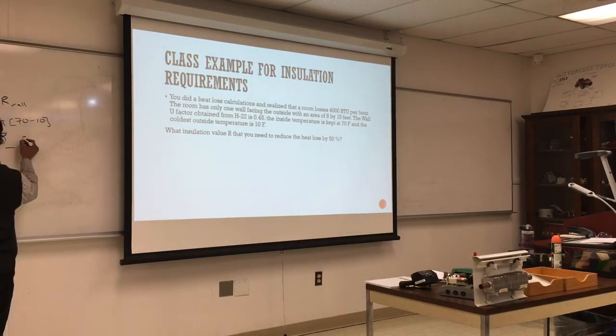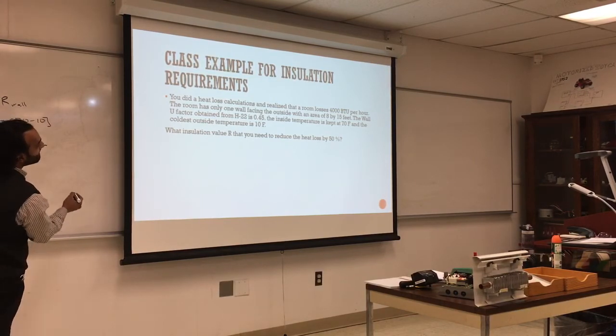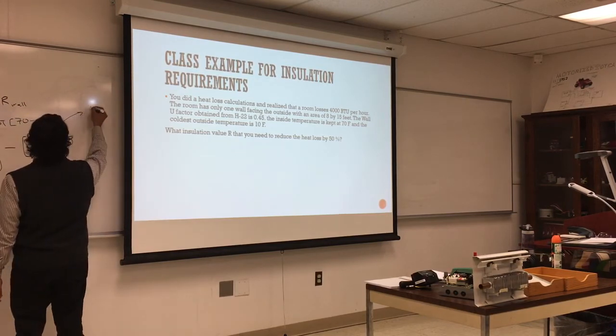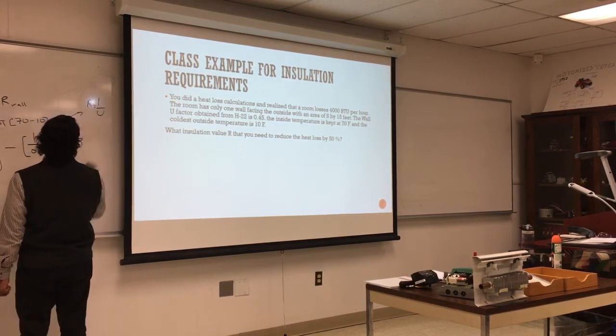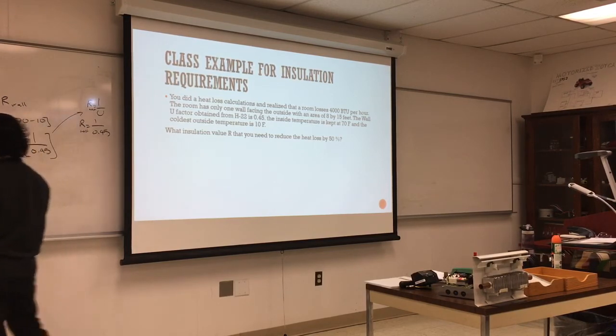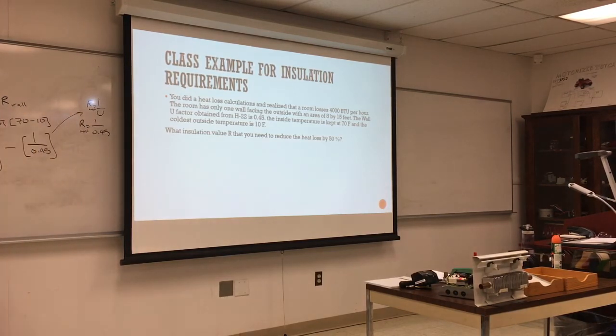What is our wall R value? 1/0.45. That's our U value, and R is going to equal 1/U. Take it step by step.